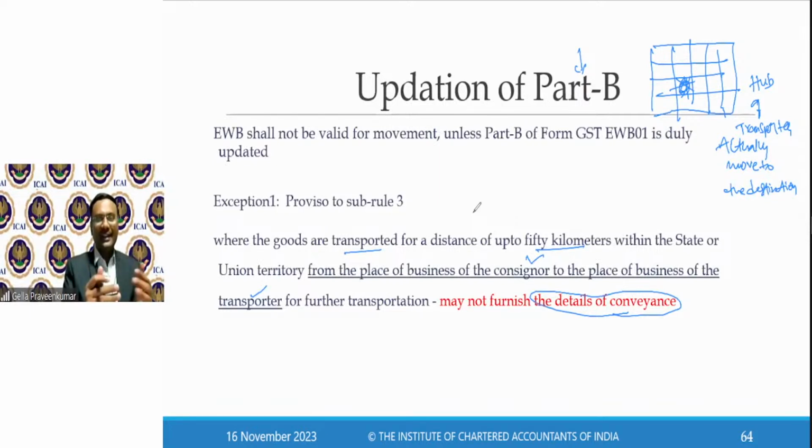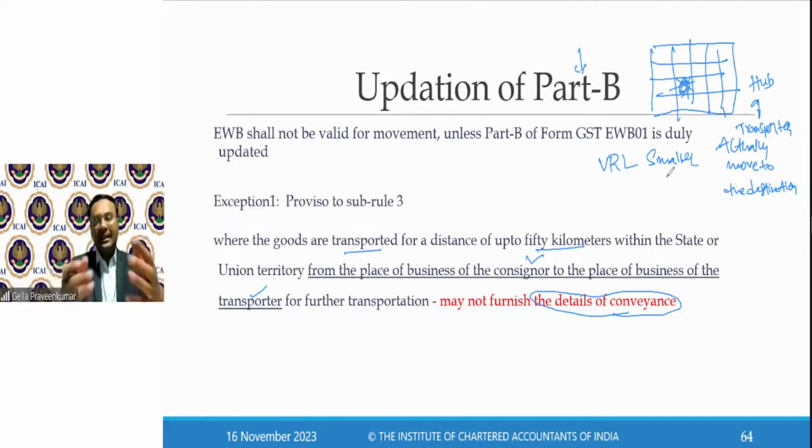So for ease of pooling of goods for transportation, I as a transporter, now I'll give the example of VRL. VRL uses smaller vehicles for collection of goods from the factory. In that case, the consignor just fills part A and gives it to VRL.